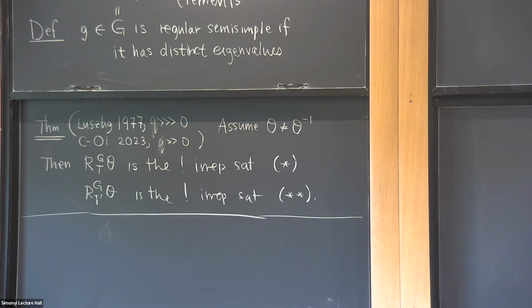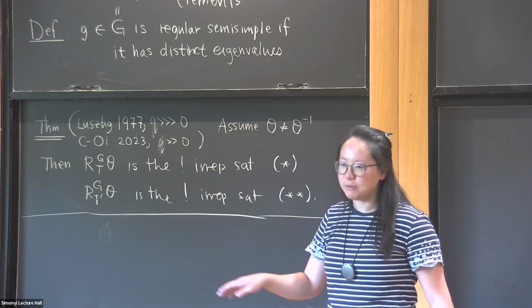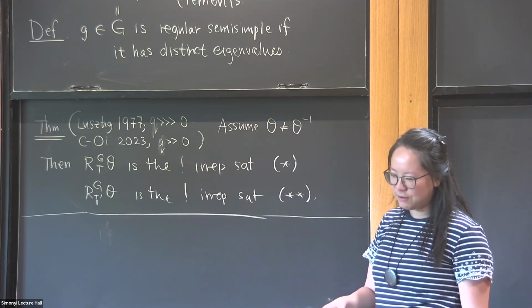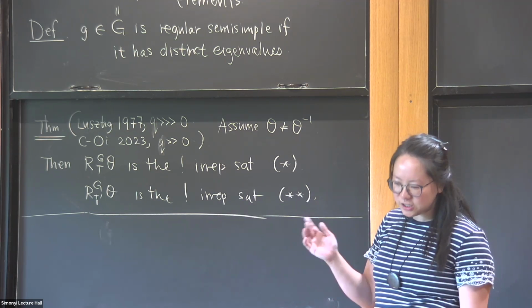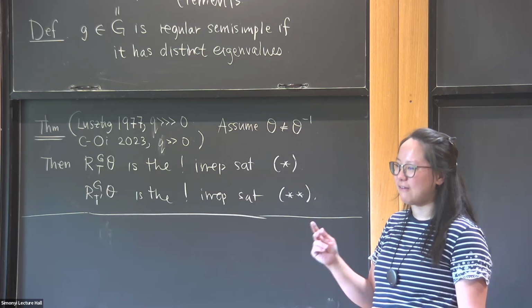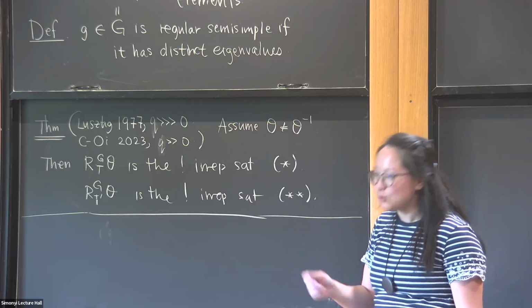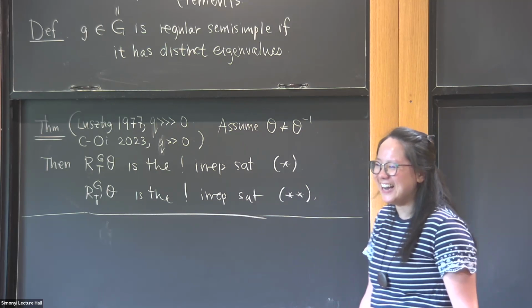For general G, at least for Coxeter T, here's an example. For G2, I think we have to check q equals 2, 3, and 5. And we just do this by hand, using some other trickery.